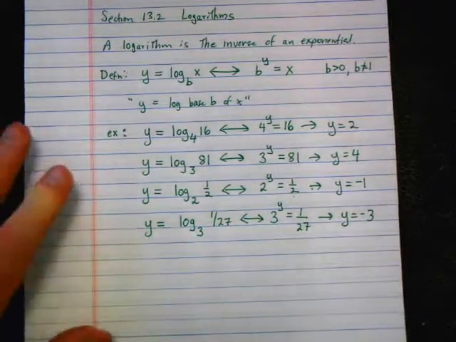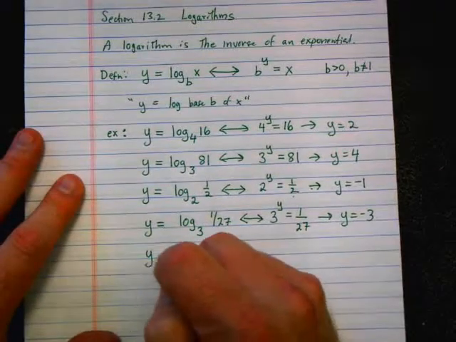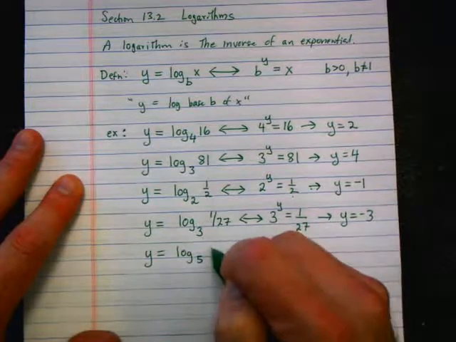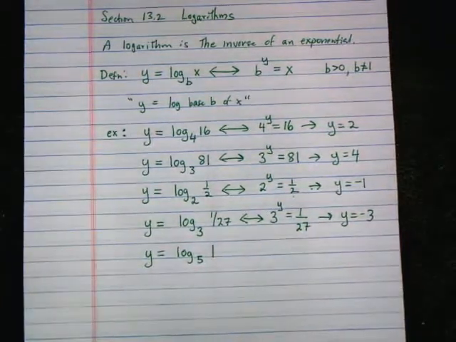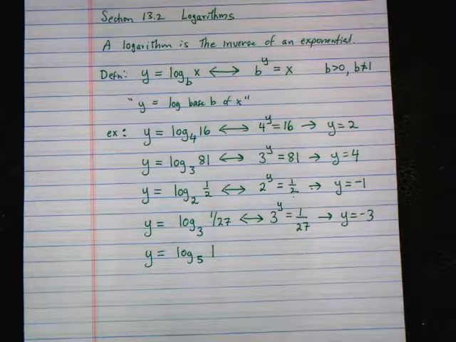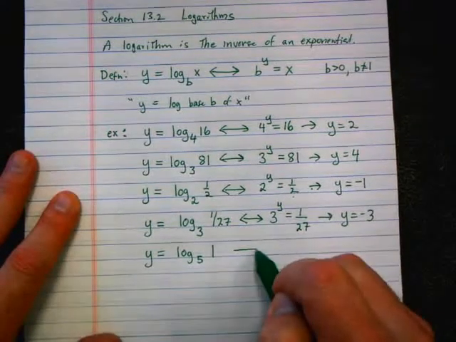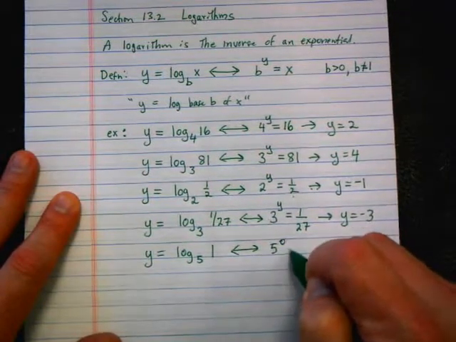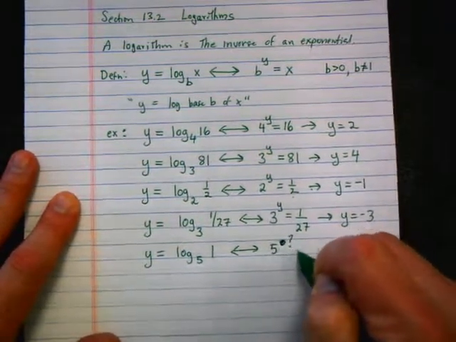All right, how about y equals log base 5 of 1? 0. Why do you say 0? All right, because I could convert this to an exponential. That's the same as saying 5 to what power equals 1.